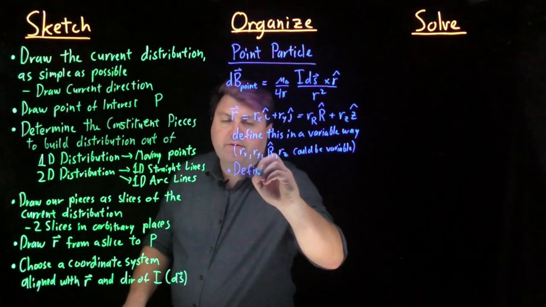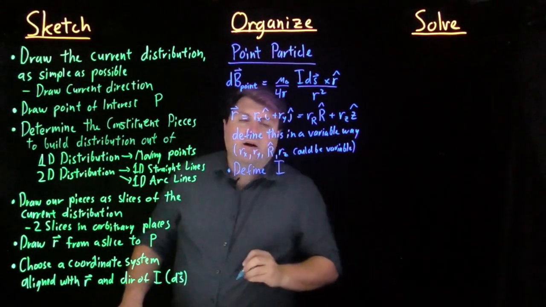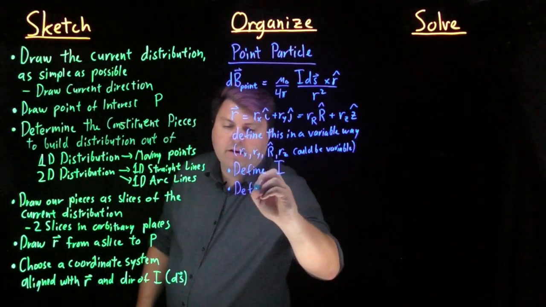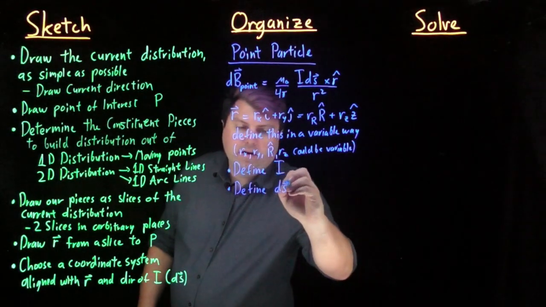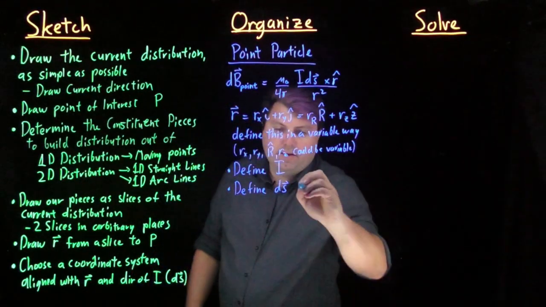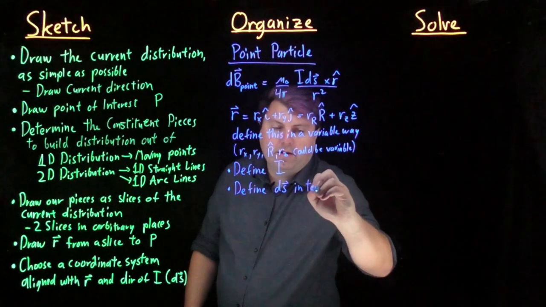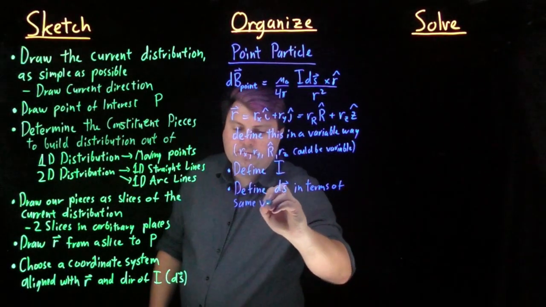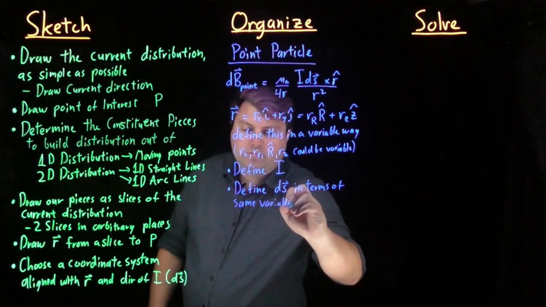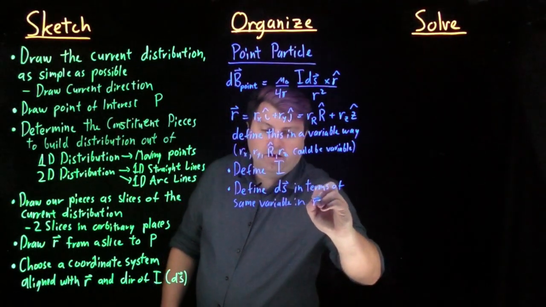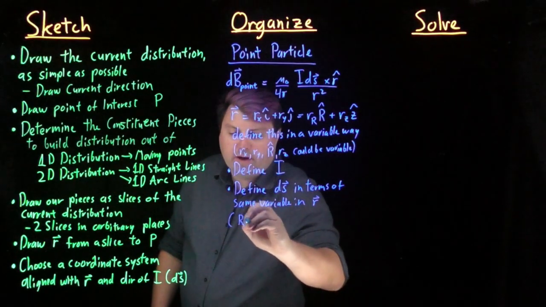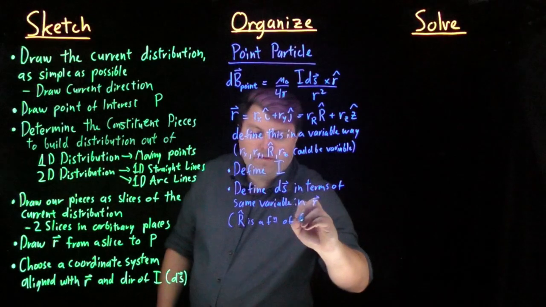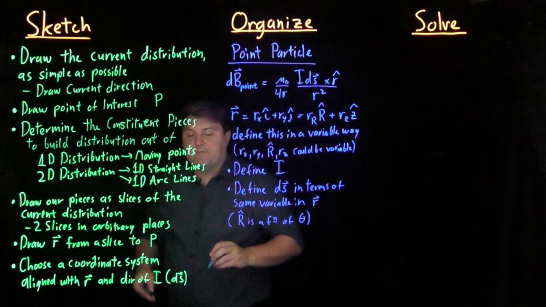And then we want to define our current I. And lastly, we want to define ds in terms of the same variable in R vector. And a reminder that capital R hat is a function of theta. So we would have it be d theta.